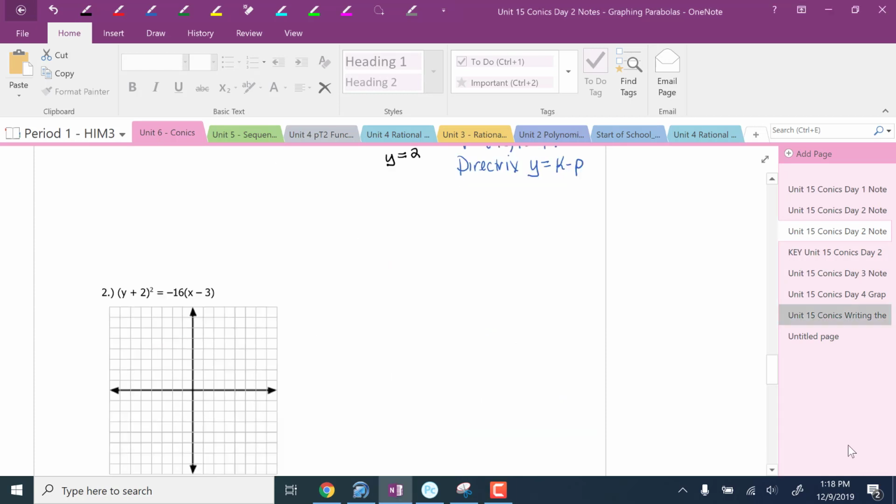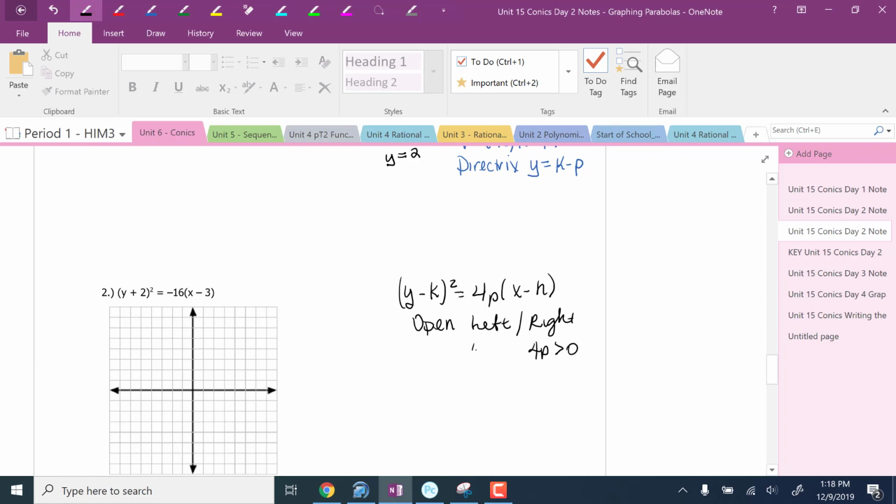Okay, the second type you should have noticed was when we had the y squared. Now this is new. So it's (y minus k) squared equals 4p(x minus h). These parabolas open either left or right. And I think logically, if our 4p is positive, it should open right.